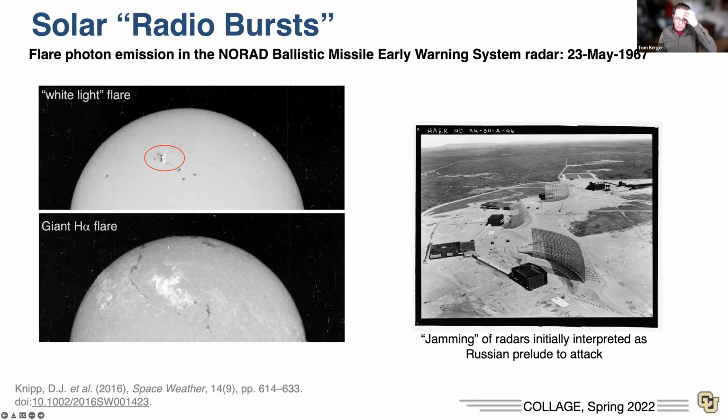It was only because of the very quick reaction of some space weather savvy people in the Air Force that there wasn't a scramble of jets reacting to what they thought was initially a jamming of the radars preceding a Russian attack coming over the North Pole.